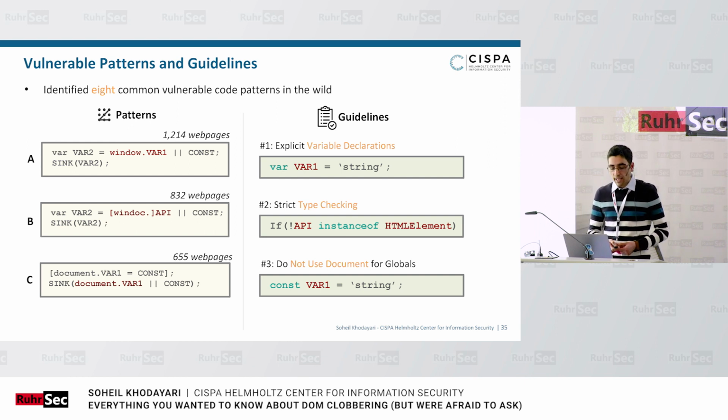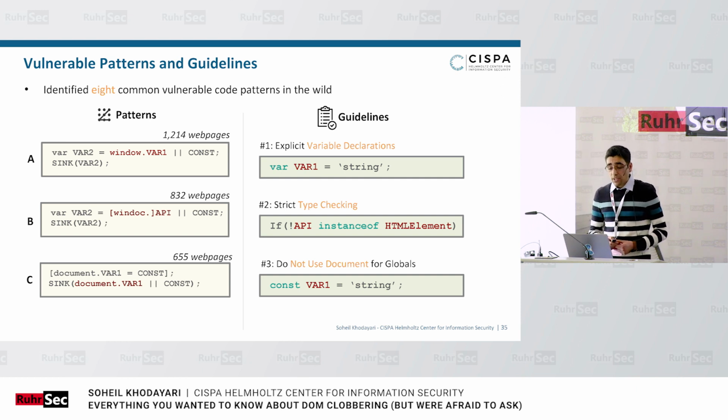And to fix these cases, we only need very simple approaches. We can have explicit variable declarations to fix the first pattern. The developers need to just have a variable defined with the var declarator, which prevents the clobbering of window.var because var is not undefined anymore in that execution context.